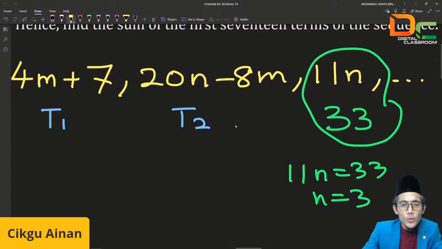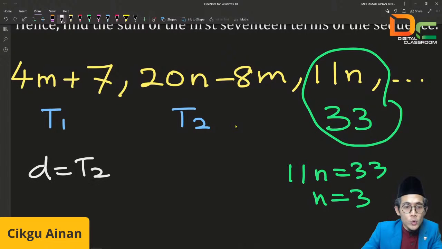Since the question told us this one is an arithmetic sequence, and an arithmetic sequence has a common difference. The common difference is the second term minus the first term, so common difference is T2 minus T1.